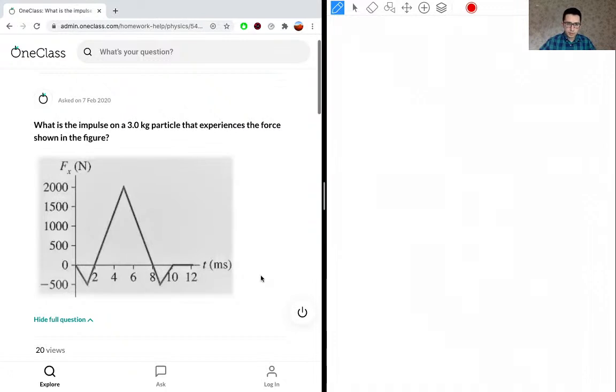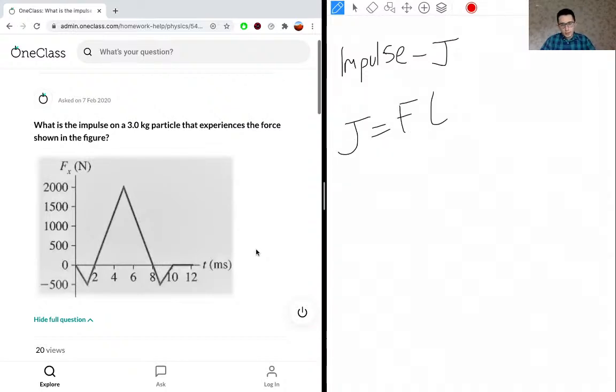So whenever we're given a diagram that's in the format of force times time, to find the impulse, impulse is represented by the variable J. So J is equal to Ft. So to evaluate it from a graph, we just have to take the area below the graph.